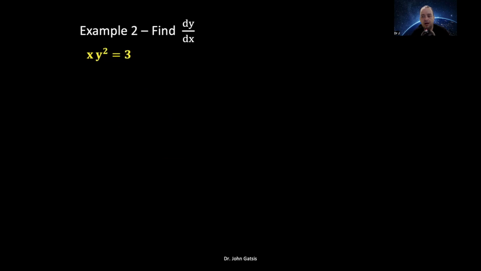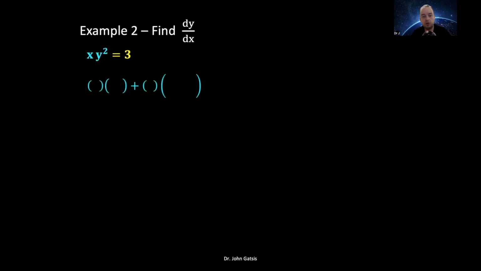Okay, I don't care what the graph of this looks like. If you sat me down for a few minutes, I could do some stuff and figure it out. Furthermore, you could isolate for y, but the problem is you're going to have a plus or minus square root. Anyway, let's keep it as it is and take its derivative. In this situation, we have a product rule. So there's the template for the product rule.